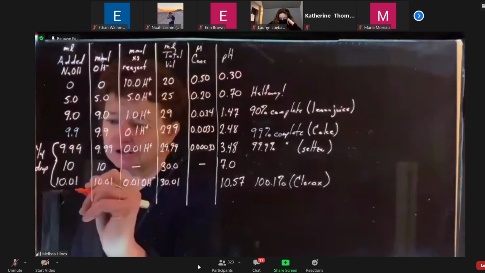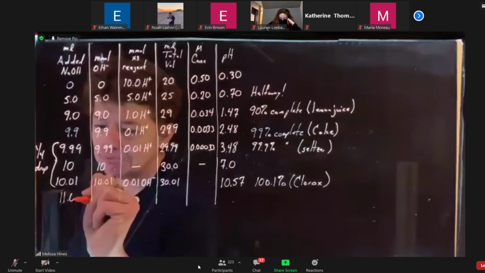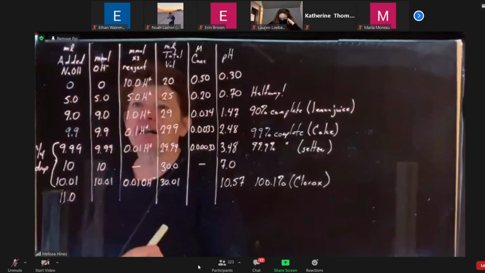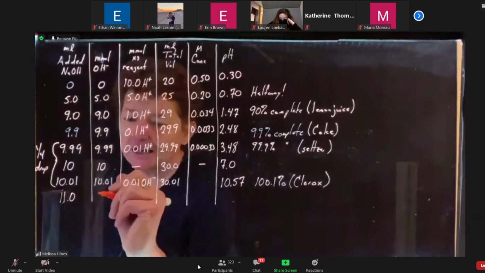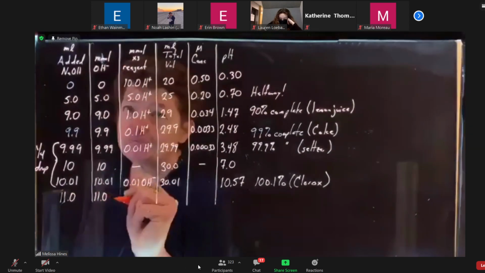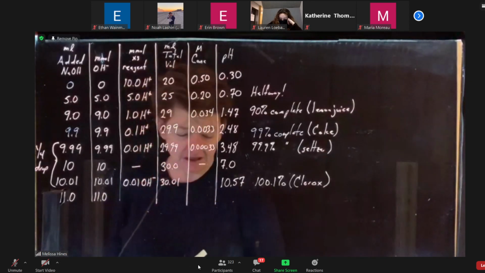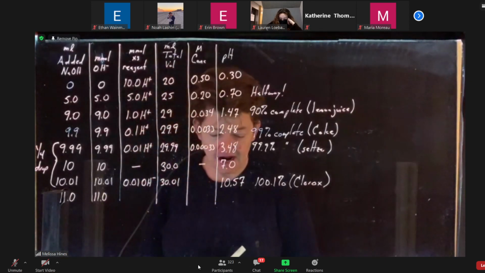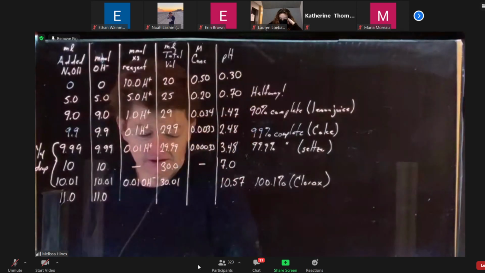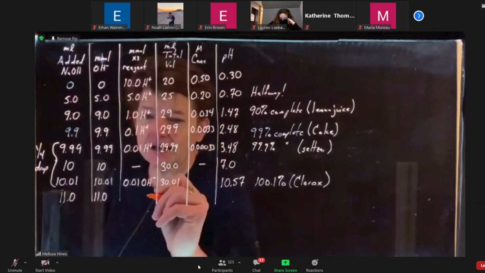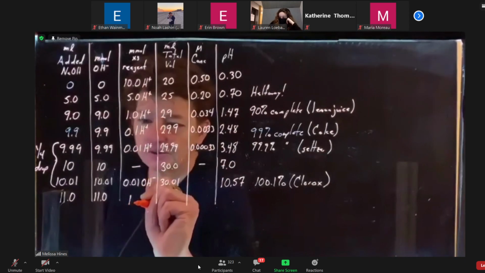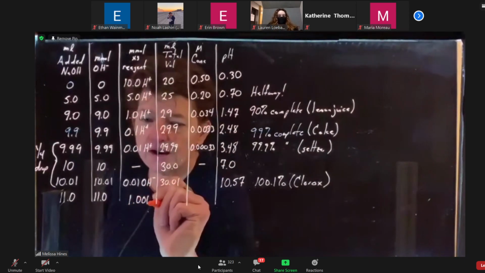Okay, so let's go a little bit further. Let's go until we're a milliliter past. So we've added 11 mils of sodium hydroxide, or 11 millimoles of sodium hydroxide. Now we are going to be 1 millimole in excess, and so we are going to have 1.0 millimole of OH minus.